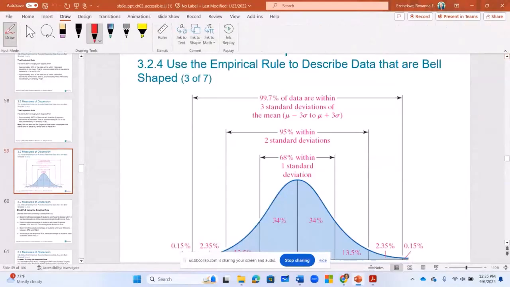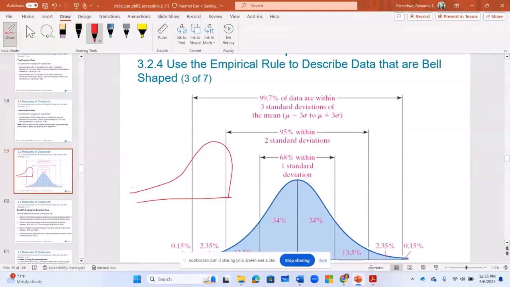skewed left distribution. A distribution can be skewed left, and those who are attending class, they know that the cause of skewness is an outlier. A small outlier can cause a distribution to skew left.